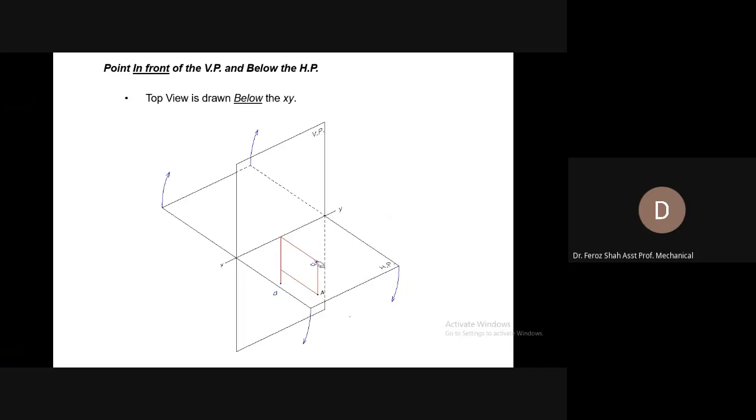Now, after getting the top view at the horizontal plane, you can see that the top view is this much in front of the XY reference line.